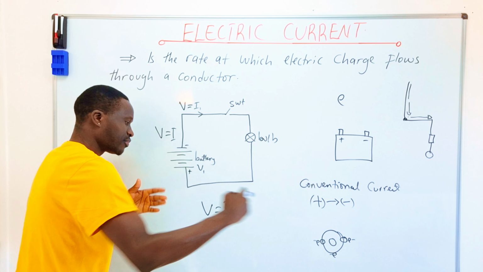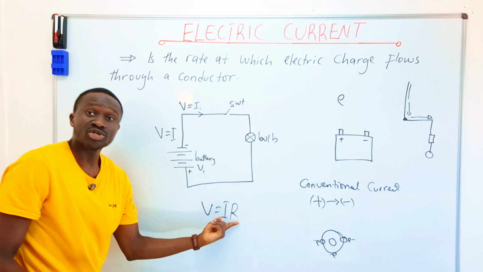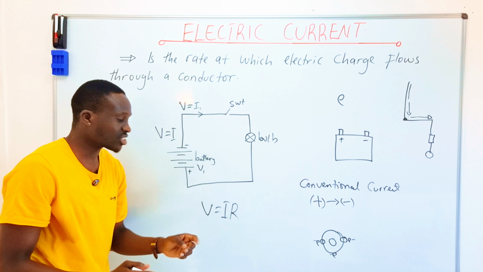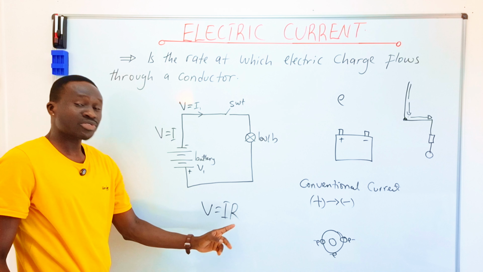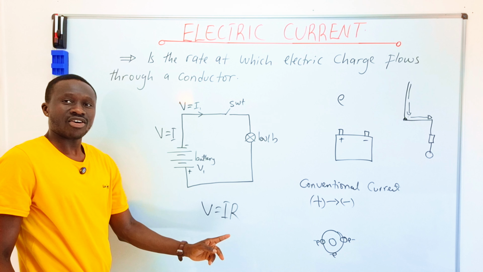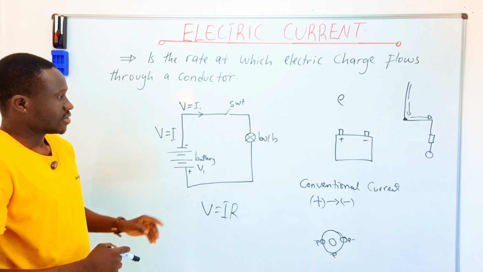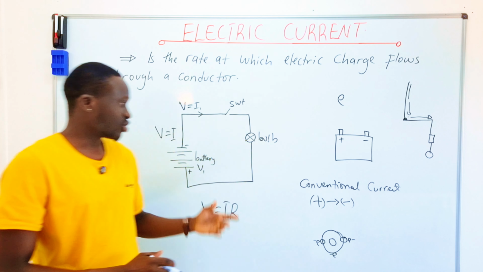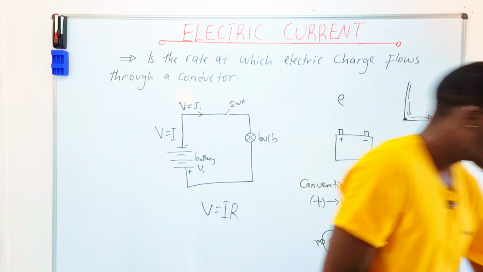And the moment the voltage is pushing the current, there is also resistance, because current and resistance have combined together. That's why when we are finding the voltage, we multiply current times resistance. Hope we are together according to our illustration.